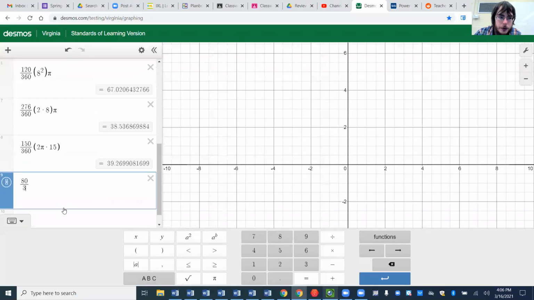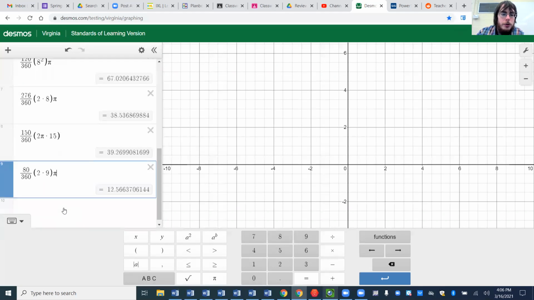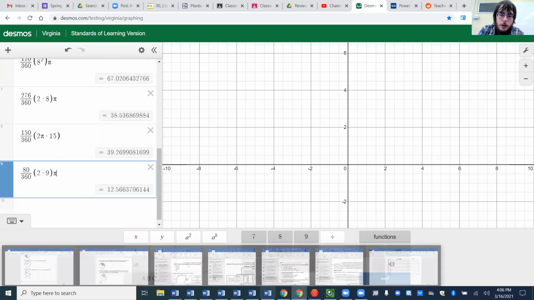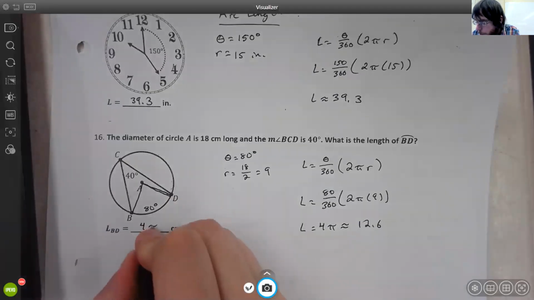So 80 over 360 times 2 times 9 will give you 4, and then you tack on the pi at the end. But if you did it approximate, it would be 12.6. So your exact length here is 4 pi.